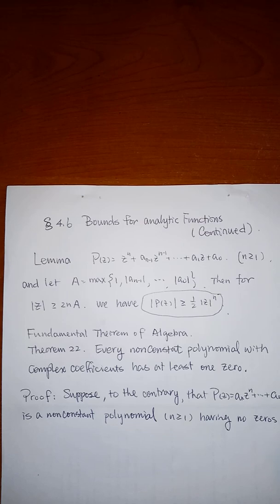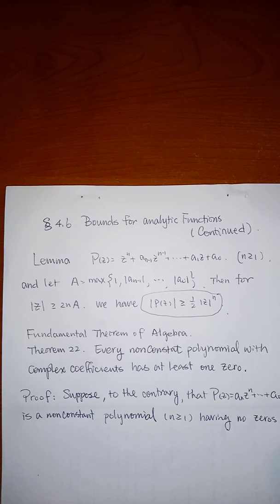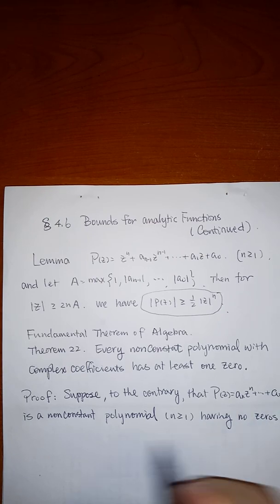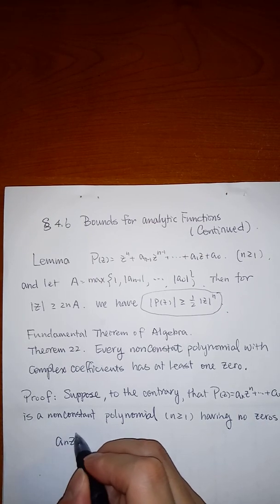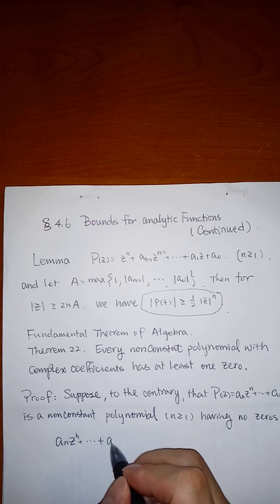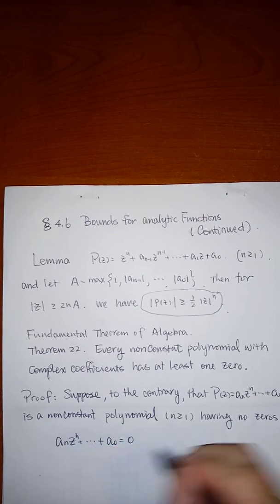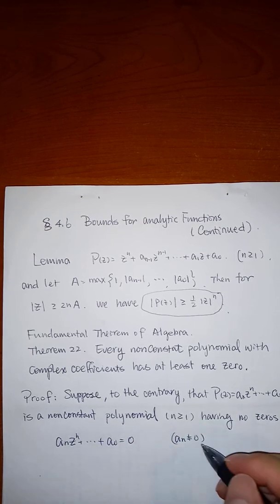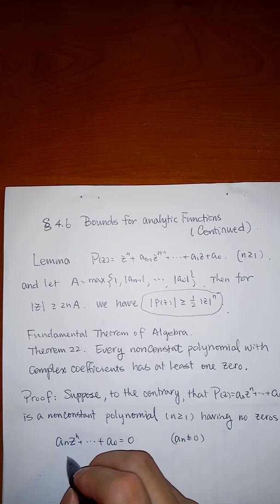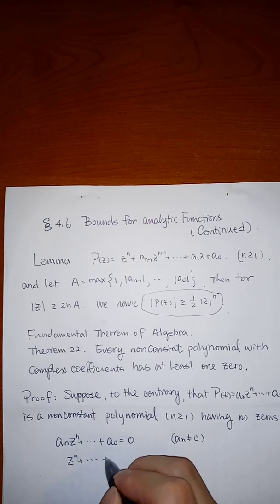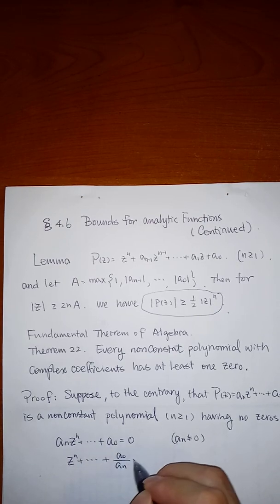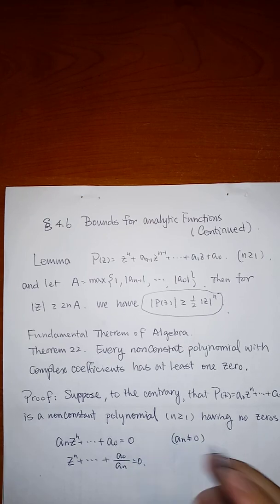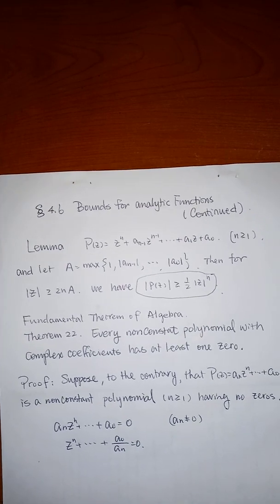So this function is a special function. It has no zeros. Here a_n is non-zero, the leading coefficient is non-zero. Then we divide this whole equation by a_n, we will have an equivalent equation with the same zeros.